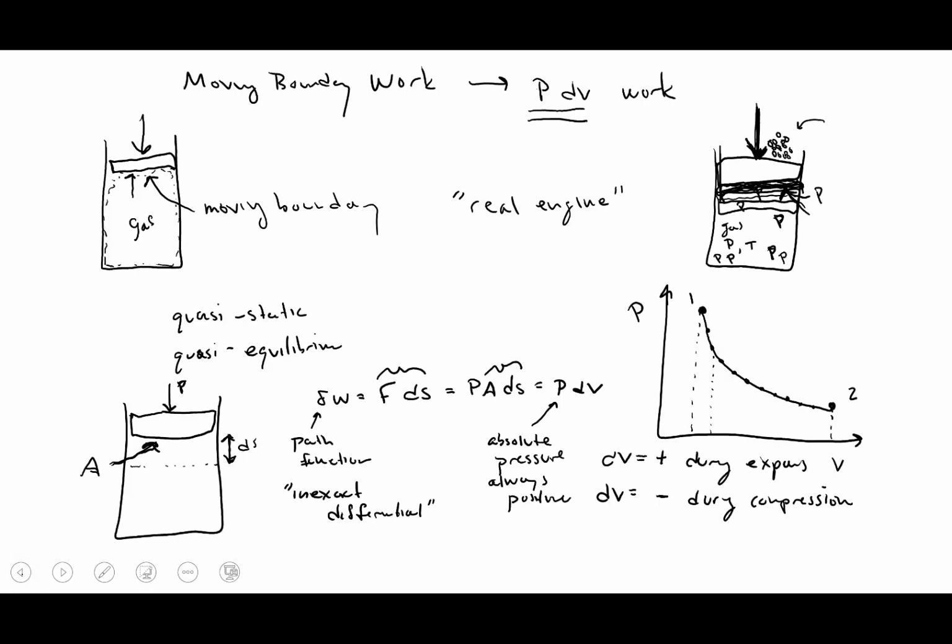Find the total boundary work during the entire process by integrating this relation. So this work is equal to PdV. And in order to calculate what the total boundary work is during the entire process, so remember the entire process, if we look at the PV diagram, let's say we're going from state 1 to state 2, the entire process is the work done along this curve.